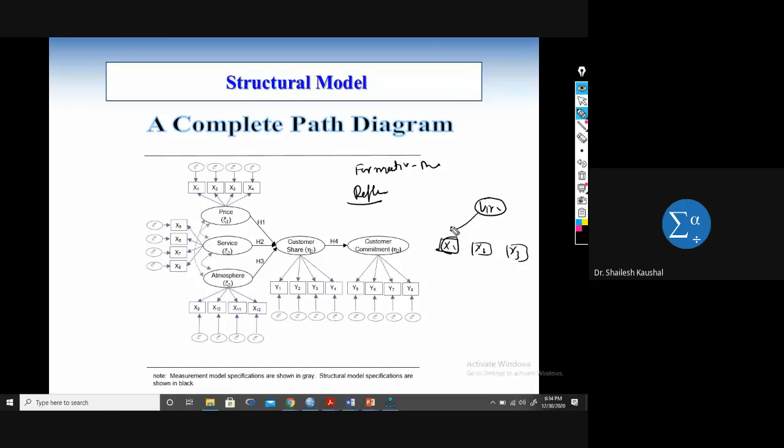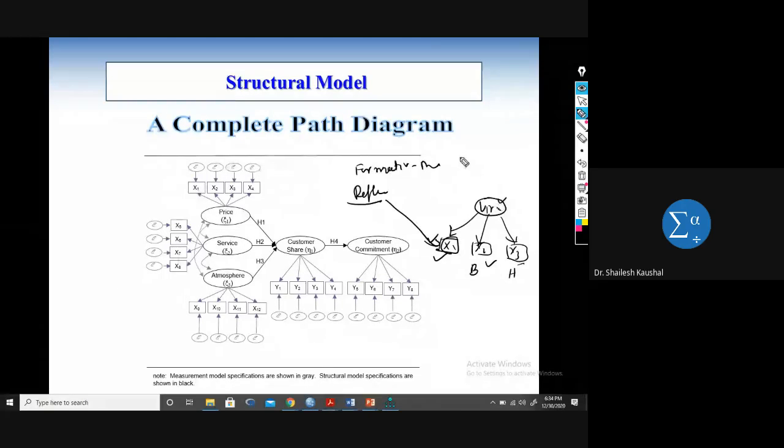The one is high fever, another may be body pain, and the third, headache. These are the reflective indicators, the reflection of the viral. We can reflect it through these symptoms. That is the type of reflective. And formative means who is forming the viral, who formed the viral.